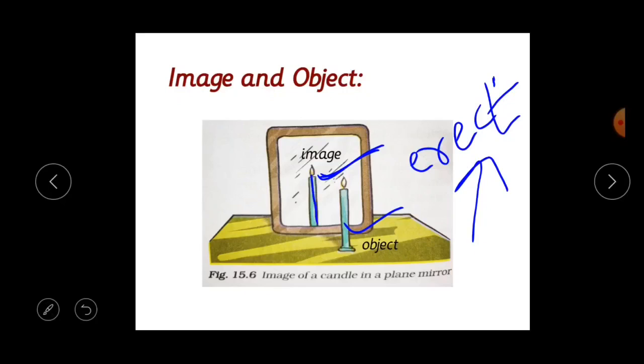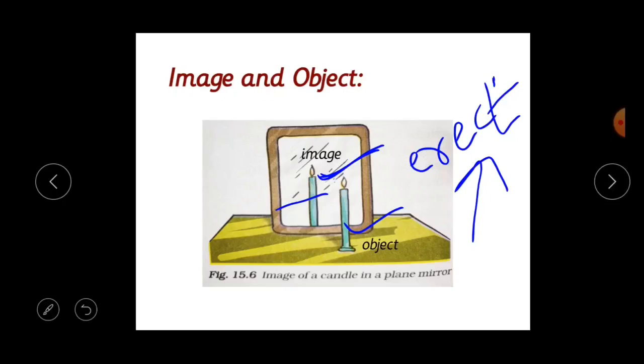Here you can see it is looking upright. So the image formed by a plane mirror is erect and of the same size as the object. It has not been reduced in size, isn't it? So it is of the same size. So this is image and object. Okay, understood, children? What is image and what is an object?